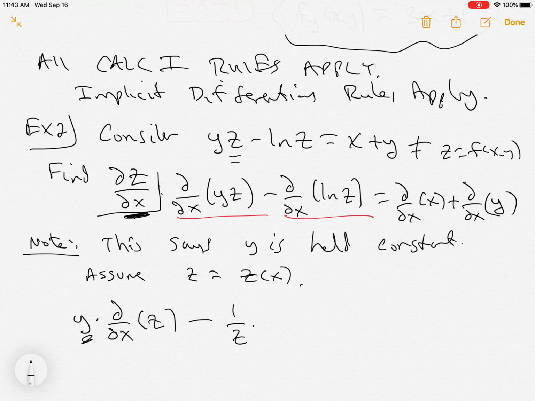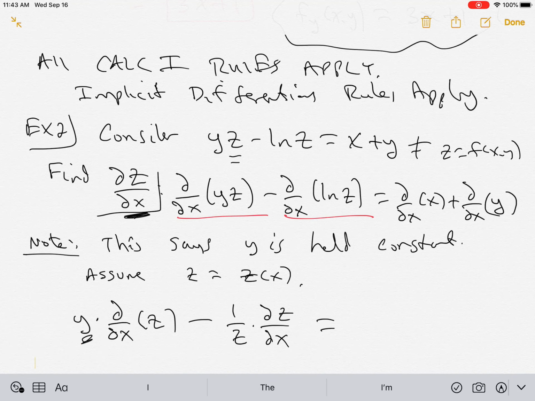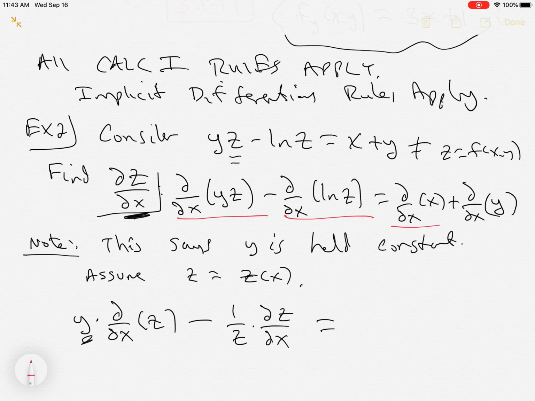One over z times dz dx. And okay, let's look at this guy. So the derivative with respect to x of x is 1, and the derivative with respect to x of y is 0. Okay.